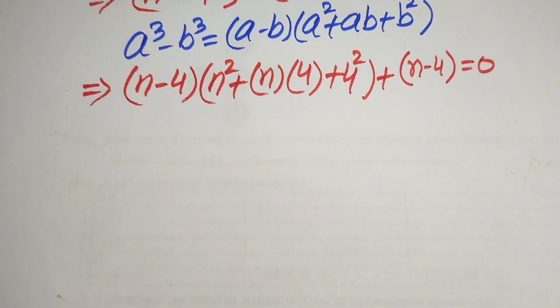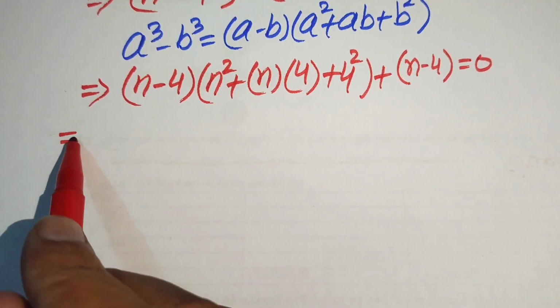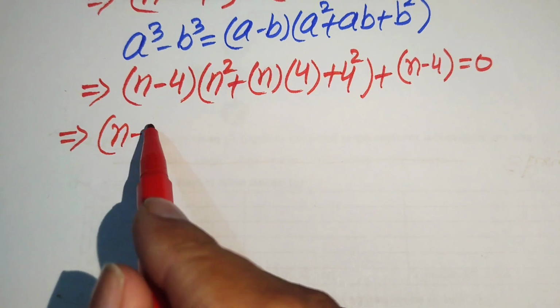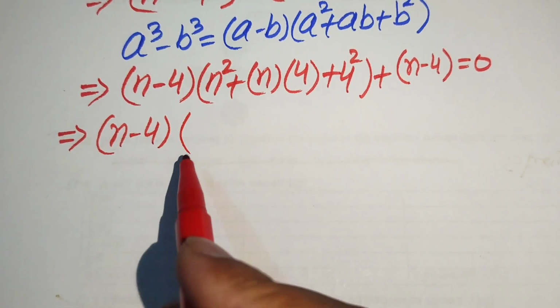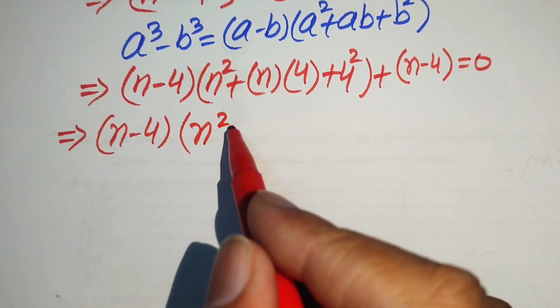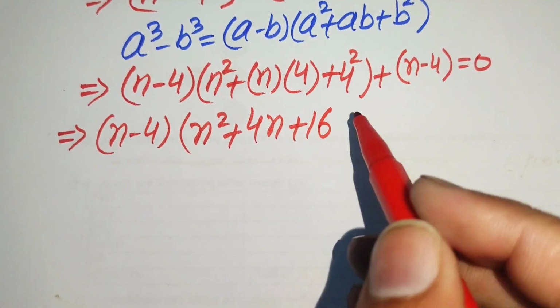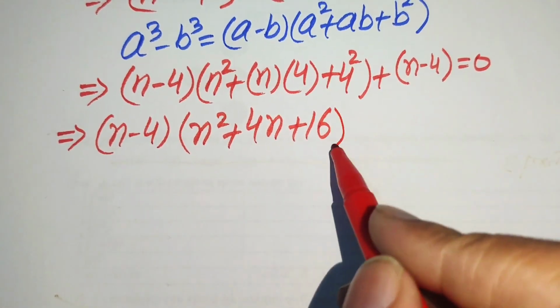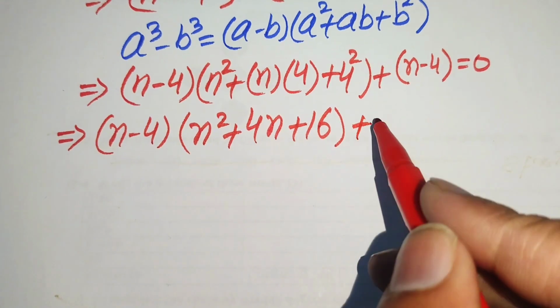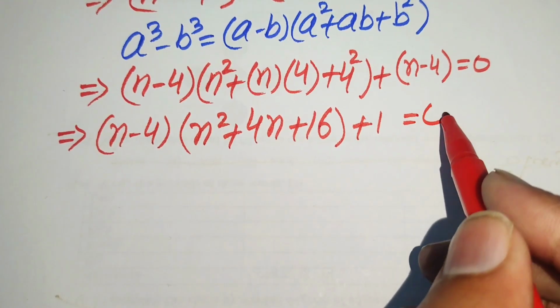After that you see we have n minus 4 as the common term, so we take n minus 4 common, and the remaining terms are n squared plus 4n plus 16, and taking n minus 4 common from the last term gives plus 1, equals 0.